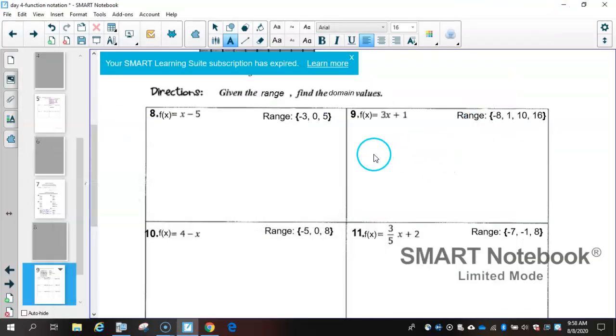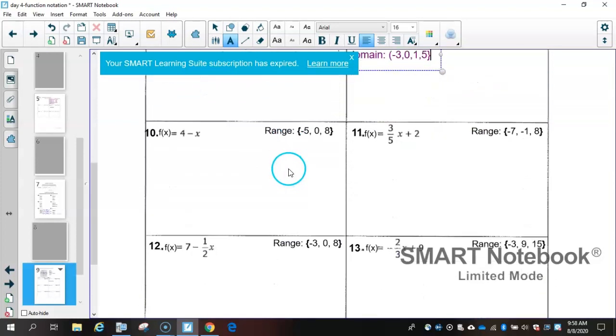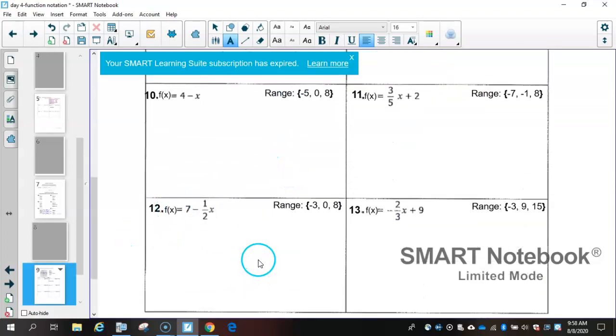And I can just list those out. Right? And remember, just like I said before, even though we did this on the calculator, you should be able to do this algebraically if asked. But let's go ahead and do 12 algebraically.